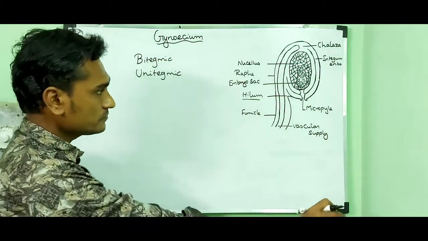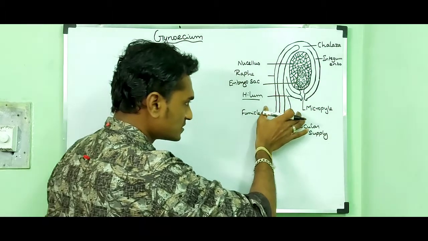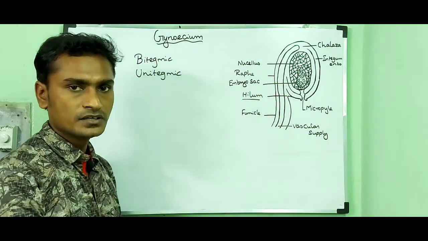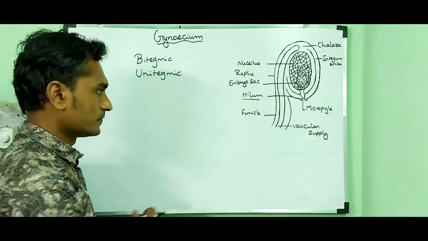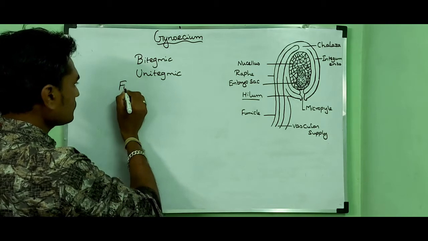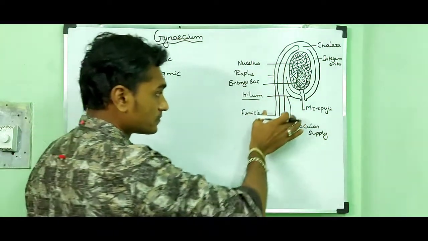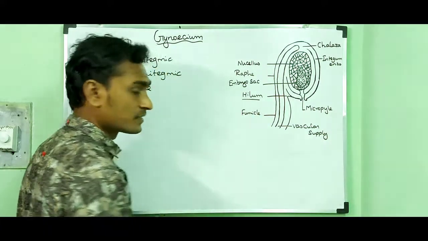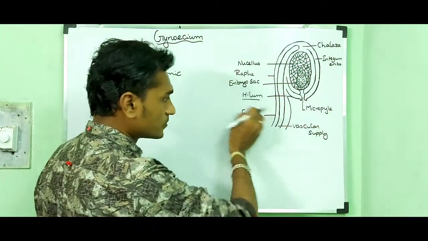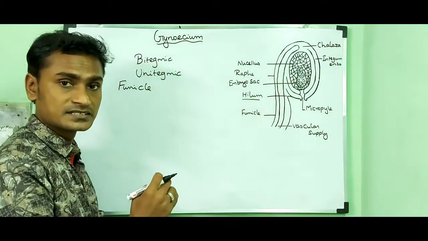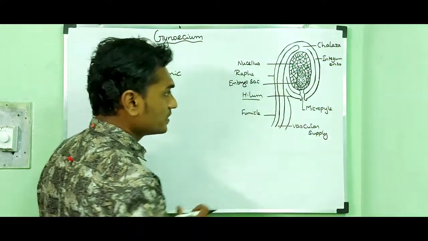Then a matured ovule shows the stalk of the ovule and the body of the ovule.